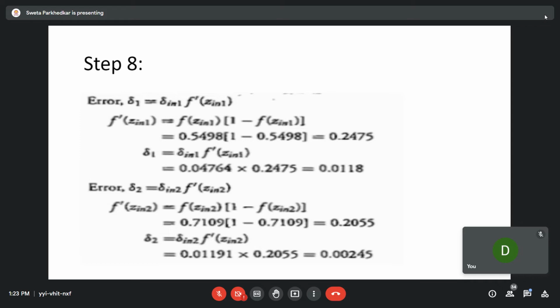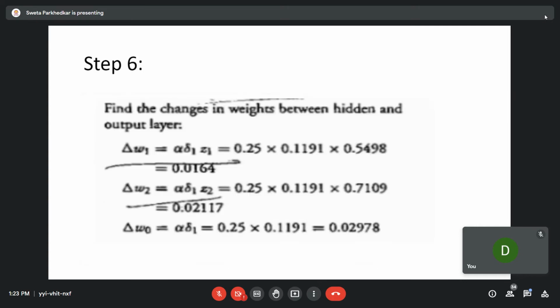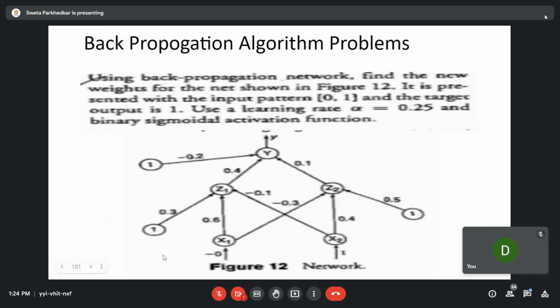Okay, the next two steps are the final steps. You need to find the changes in the weights between the input and hidden layer, and then the final net weights of the network. Suppose it's delta V11. I'll show you the network.